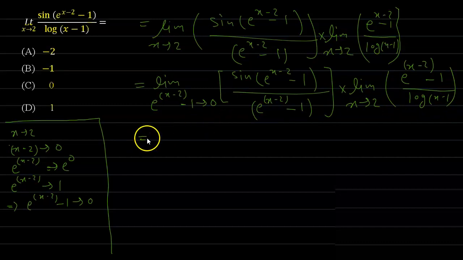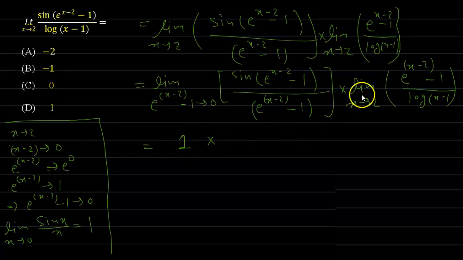Now, the limit property is: if x tends to 0, then sin x by x is always 1. In the same way, this is sine of something, the same quantity e to the power x minus 2 minus 1, which is also in the denominator, and the limit is also approaching the same quantity, 0. So the value of this limit will be 1.